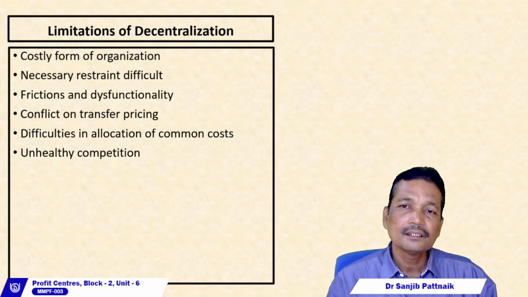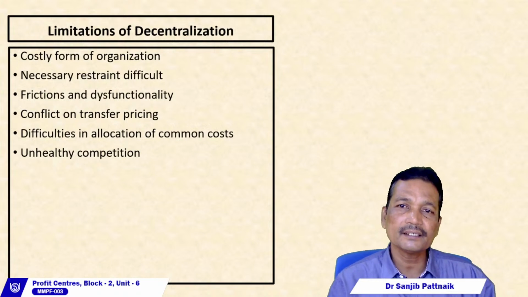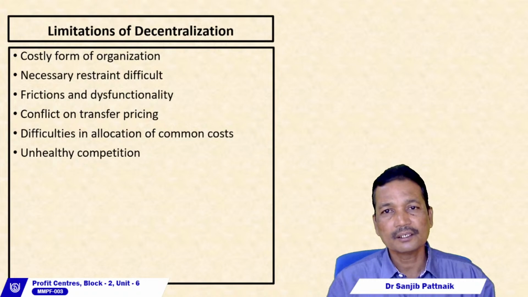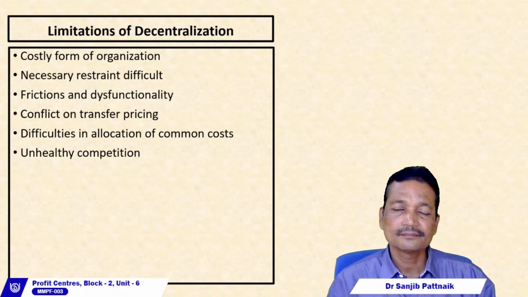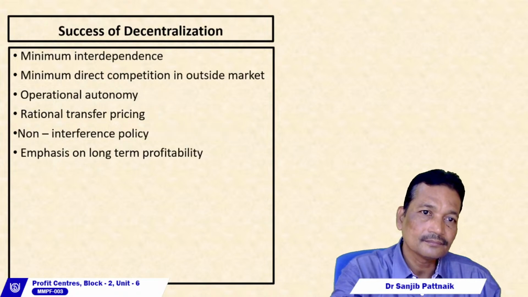There, the two divisions may be at loggerheads in the marketplace. That means they will be fighting it out as competitors, which may lead to unhealthy competition practices. So this can be a limitation of decentralization.